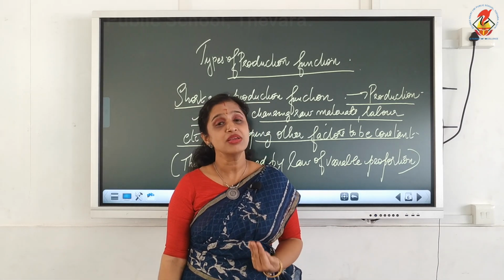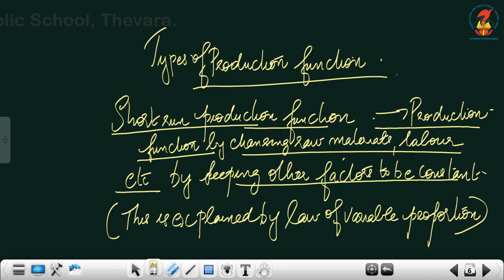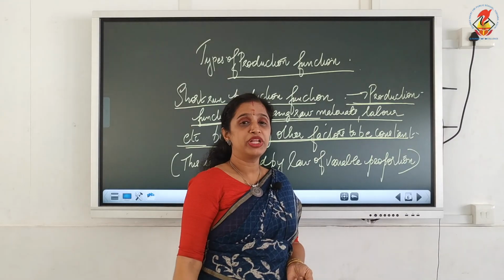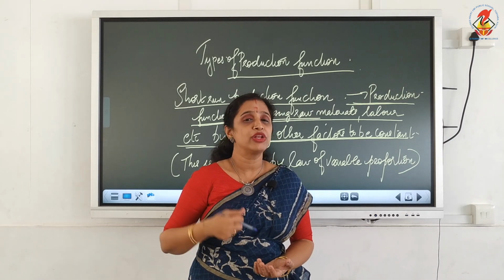So once again I'll explain what is meant by short run production function. The production function that takes place only by changing the raw materials, labor, etc. by keeping other factors to be constant. Because you know, in the short run there is no need of changing the building, land or machines.